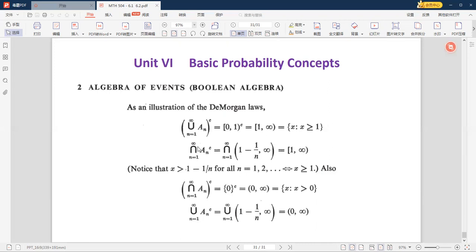And similarly, if you take the complement of the intersection of all the sets, it should be equal to the union of the complement of each set. From 1 to infinity. So that confirms De Morgan's laws.